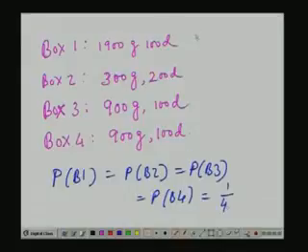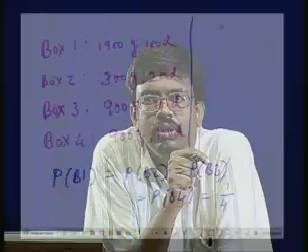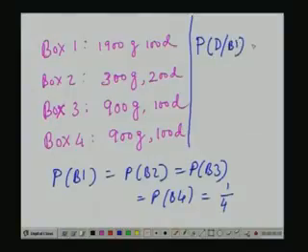And then, suppose I choose box 1, what is the probability that the item that is removed from that box is a defective one? That is P(D|B1).